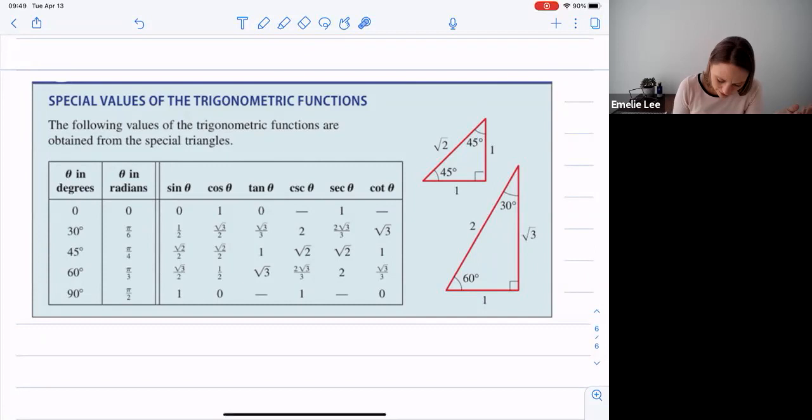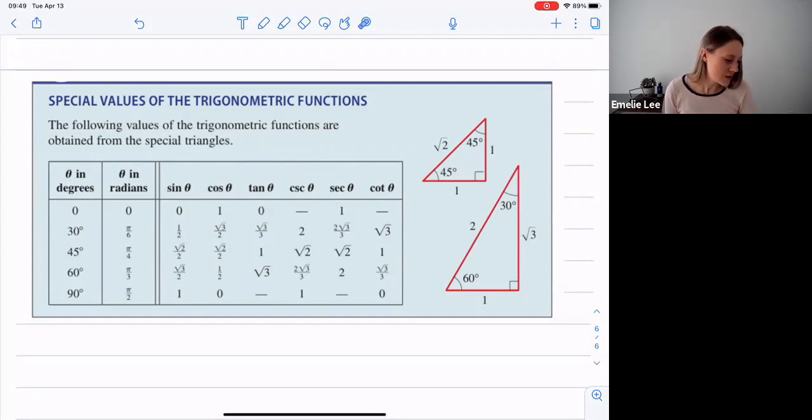And then it lists the sine theta, cos theta, so it lists all 6 trig functions for each of these angles, right? And so one thing that you can do is just have this table. It doesn't matter if you're using the triangles or the unit circle, have this table ready, and then we can work from there.